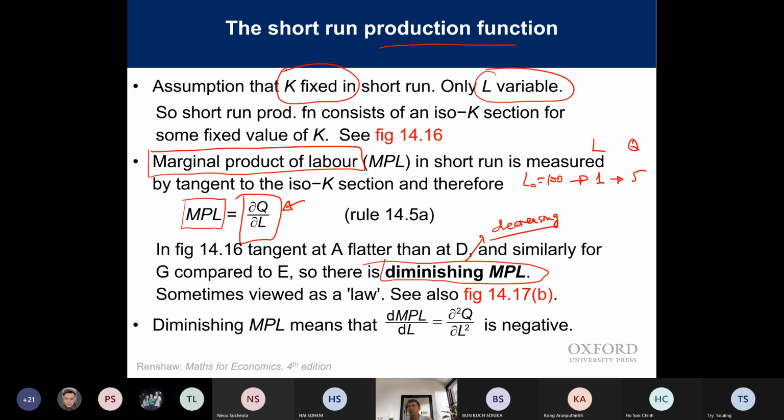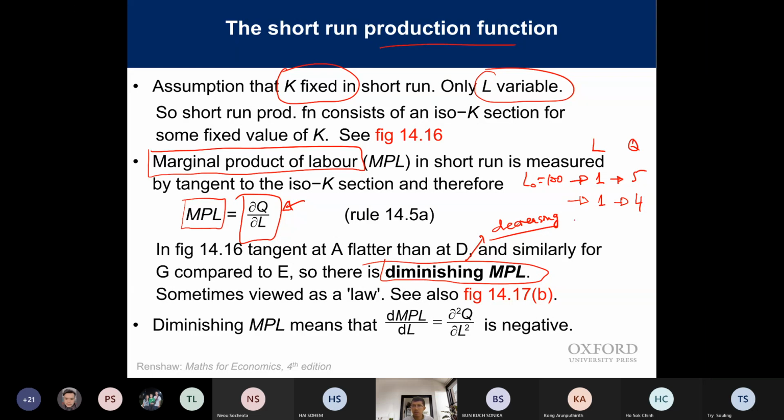You hire one more person into your production process, and that results in 5 more output. But the next time you recruit one more person, the output will be something less, let's say only 4.